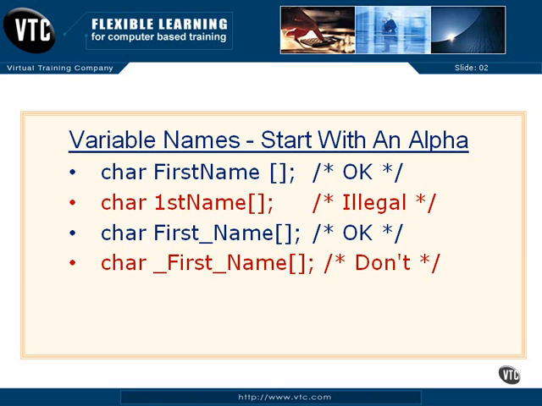The first name there we see on the third line with an underscore in it, that's just fine too. It's quite all right to put underscores in the middle of your variable names, and it helps you kind of break things up if you have to put several different words together to properly describe the variable name. That one on the bottom is legal, but you really shouldn't do it. You definitely do not want to use two underscores at the beginning of a variable.